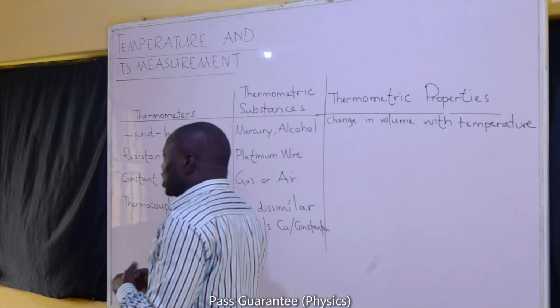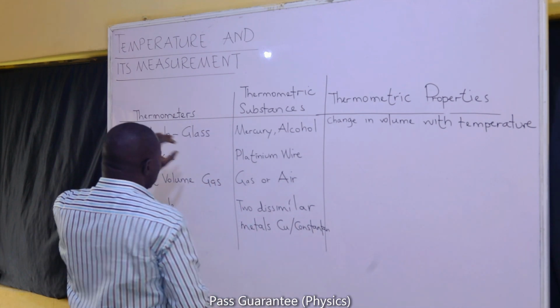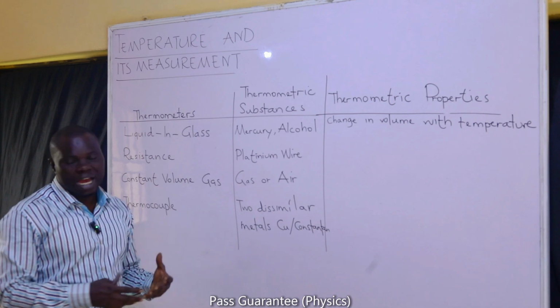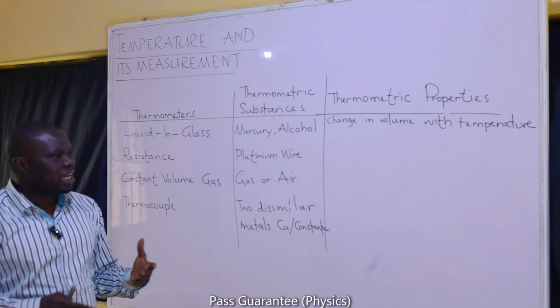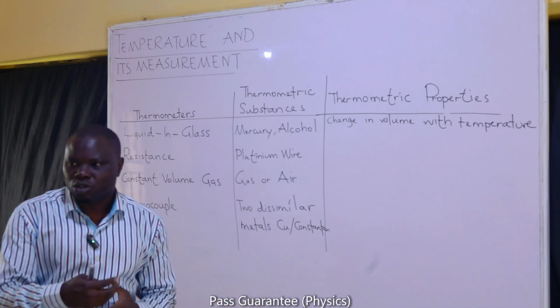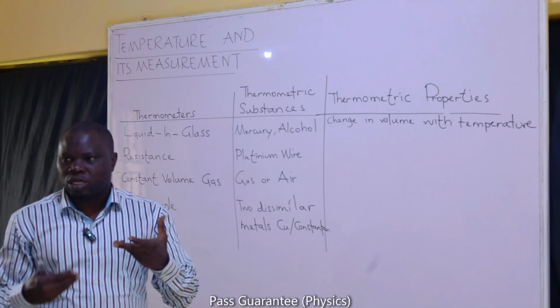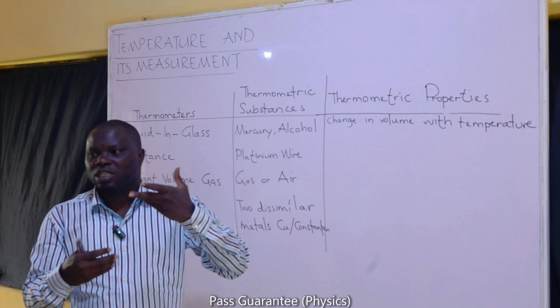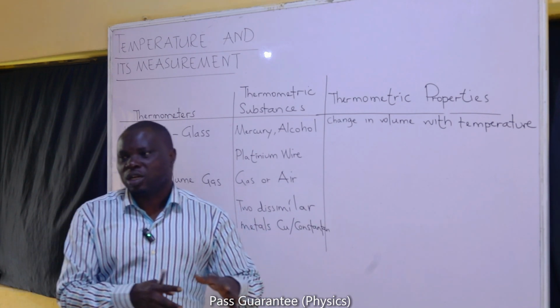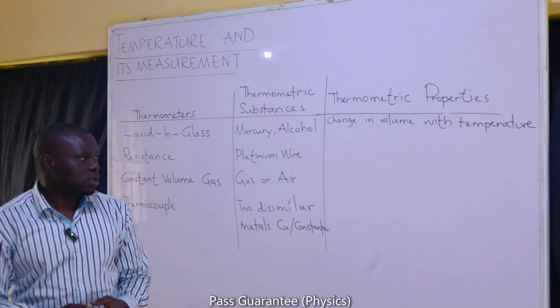The expansion is directly related to the change in temperature. As you increase the temperature, there's an increase in the expansion. So I can measure the expansion, and then use that to measure the temperature.